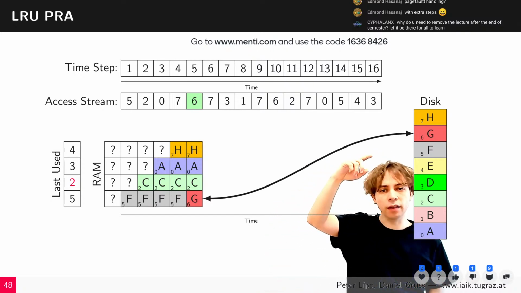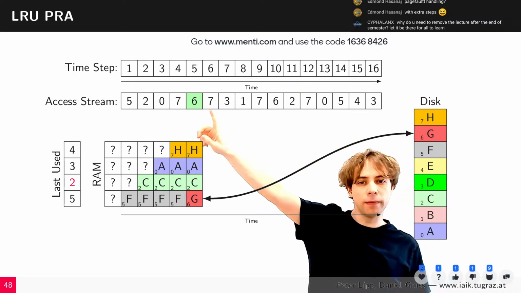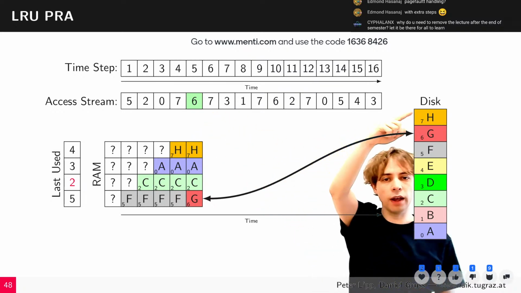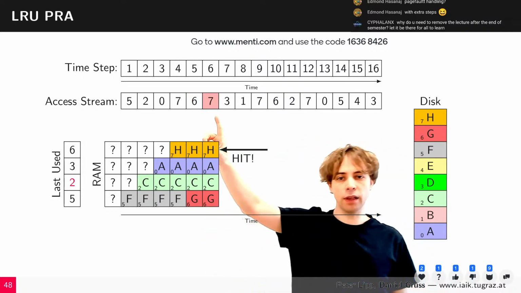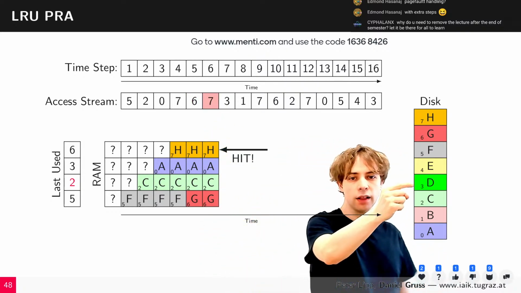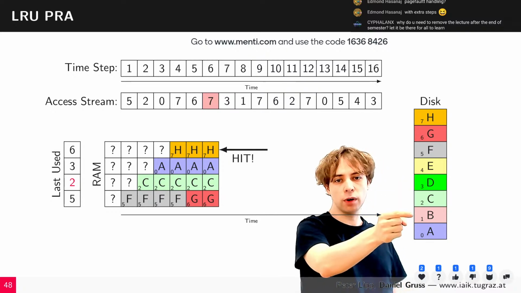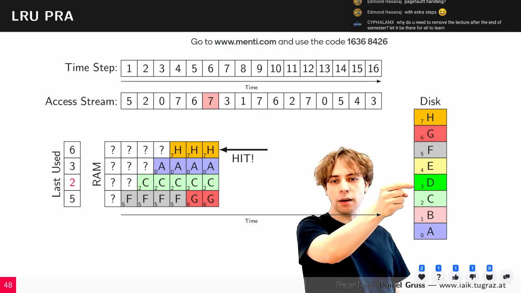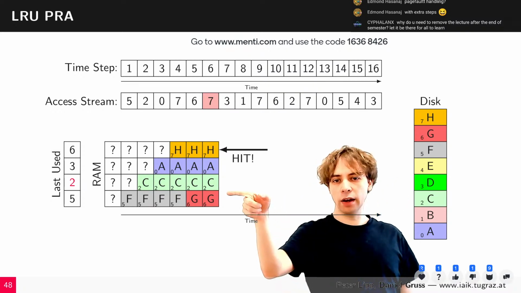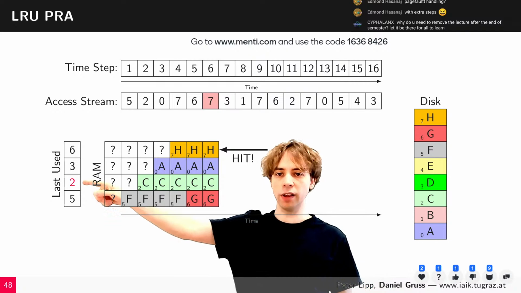Then the next access goes to number 7. Okay, this one, it's a hit. Okay, next step is access to 3. That should be 0, 1, 2, 3, this one. And that means this one will go here because this one is the least recently used one.